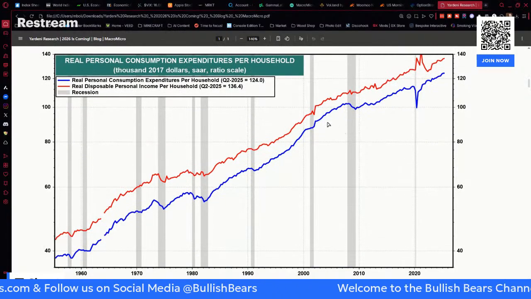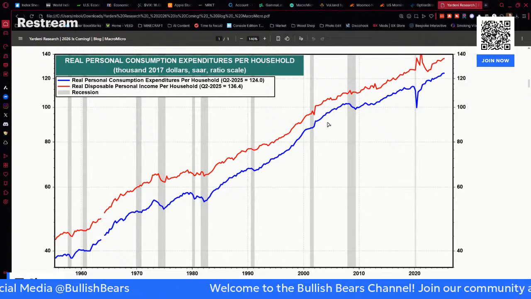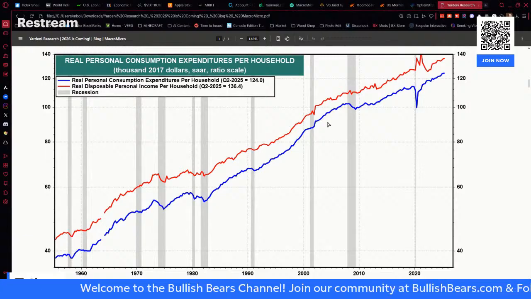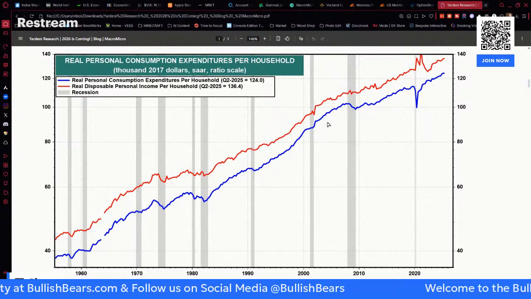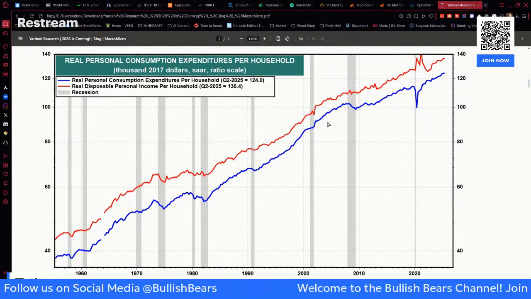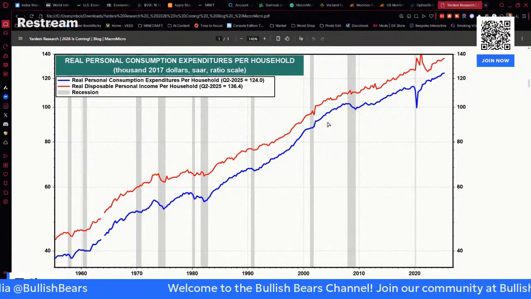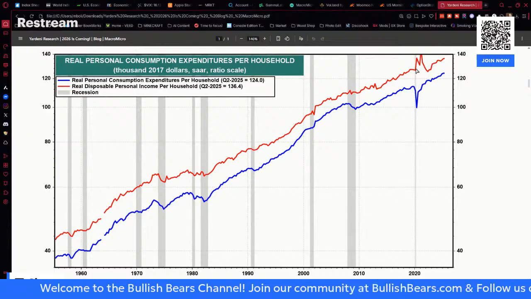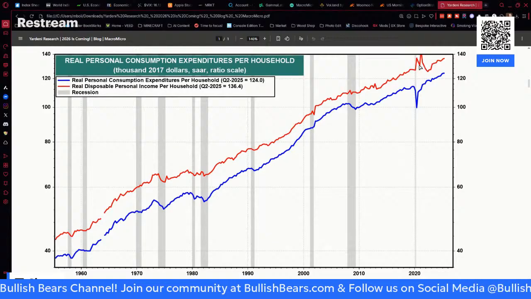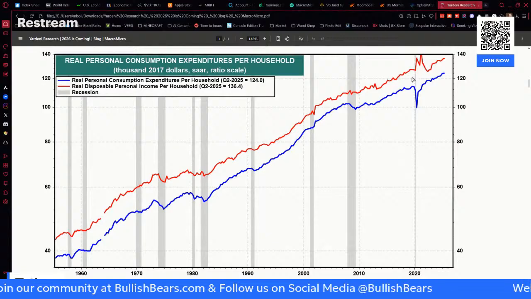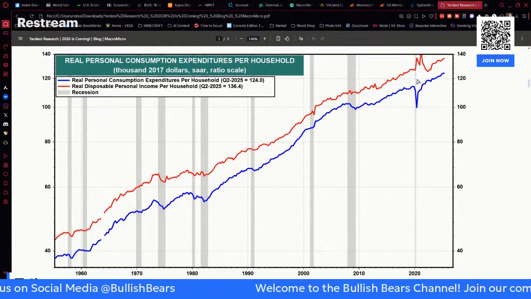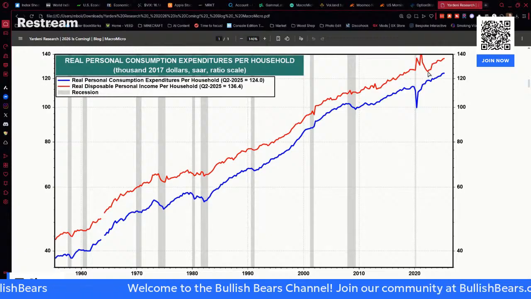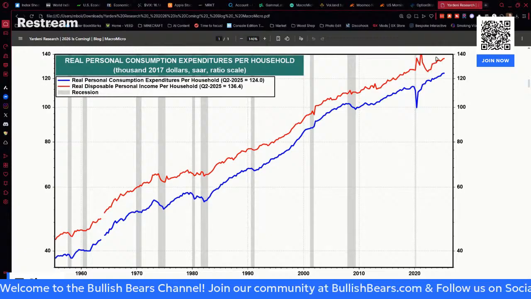And this is personal consumption expenditures and real disposable personal income per household with recessions in the gray area. Now we had that bump in disposable income because of the helicopter money, right? Remember they got their stimmy checks. And then they blew it all, and now they're running hot again.